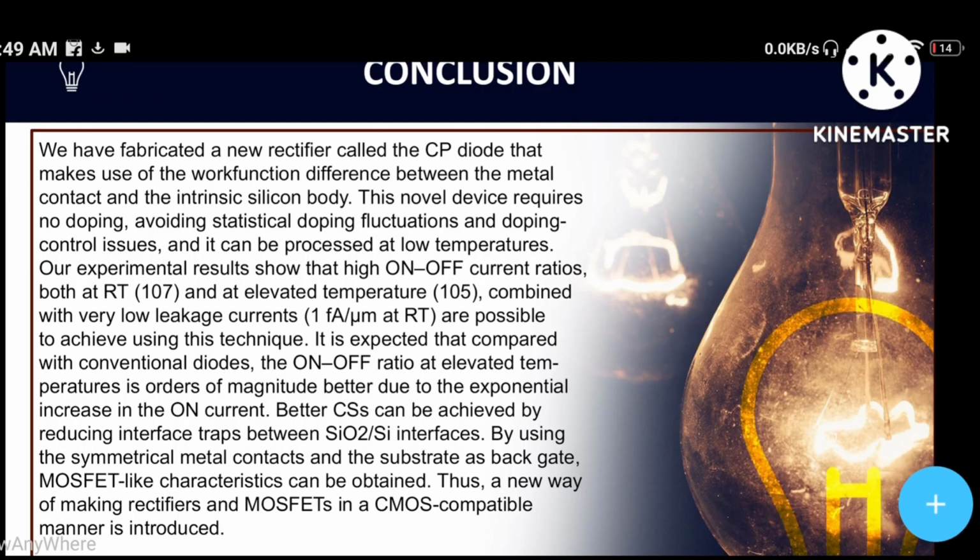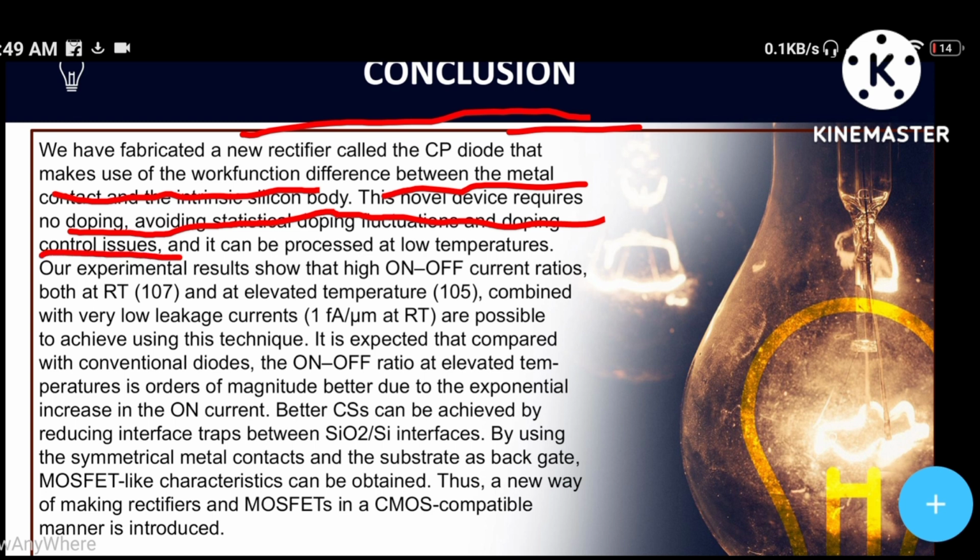We have fabricated a new rectifier called the CP diode. This is the conclusion for the whole PPT. The CP diode makes use of the work function difference between the metal contact and the intrinsic silicon body. The novel device requires no doping, avoiding the statistical doping, fabrication and doping control issues, and it can be processed at low temperatures even.